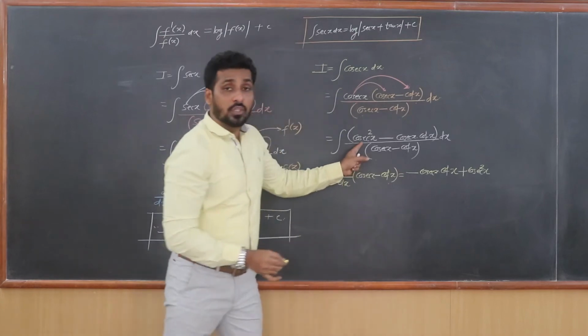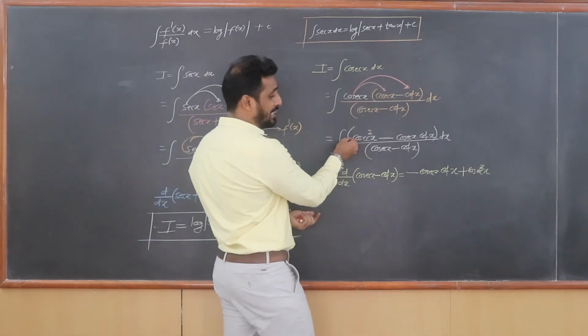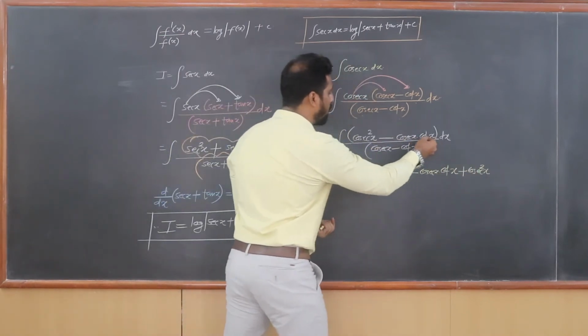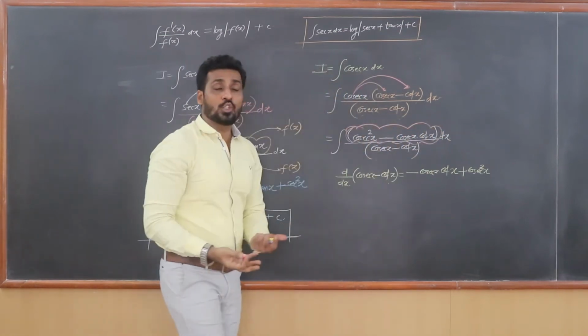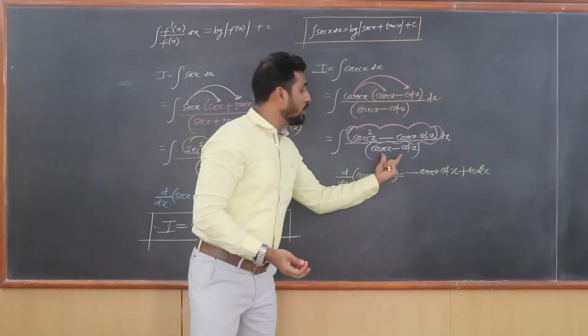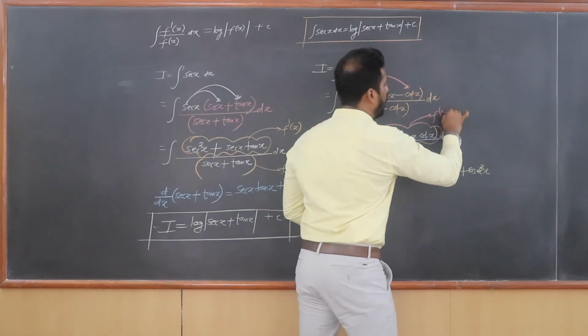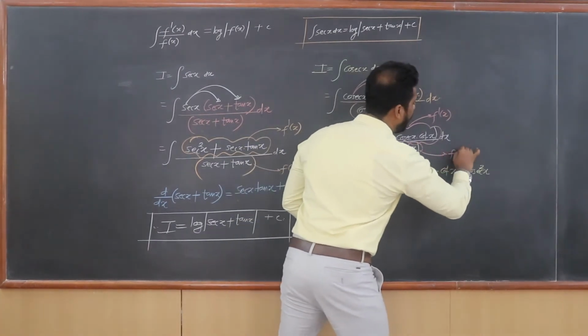Now if you observe the numerator of your integral, it is plus cosec square x, and then there is a minus of cosec x cot x. That means your numerator is actually the derivative of the function present in the denominator. This is your f1 of x, and the denominator that you have is your f of x.